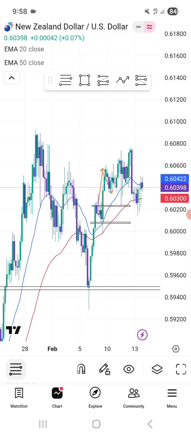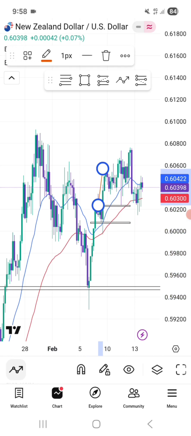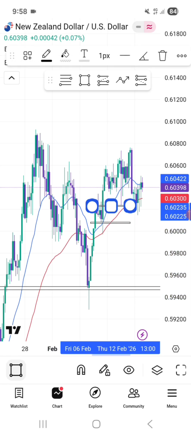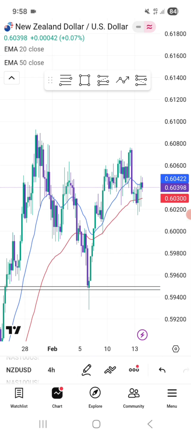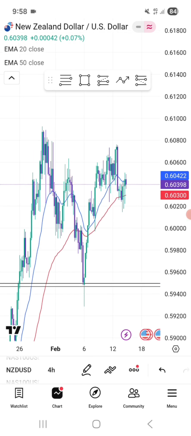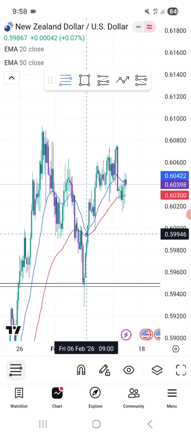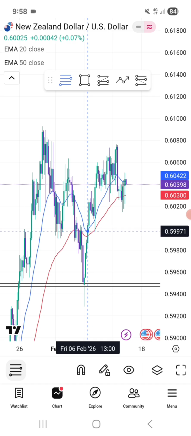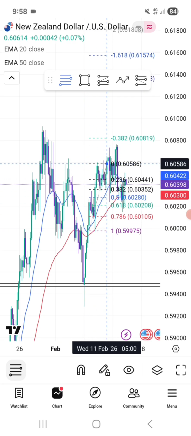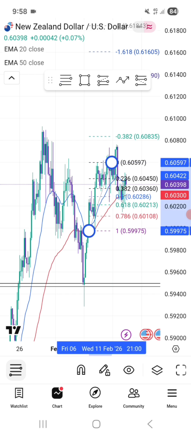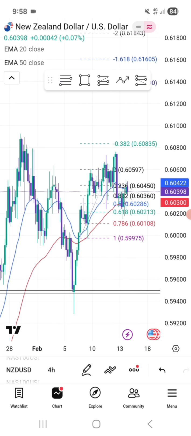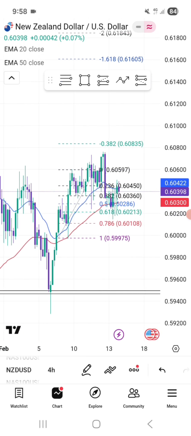So once it broke this structure, again we will plot from the swing low on the 4-hour time frame to the swing high. Yes, and then we will wait for our pullback.